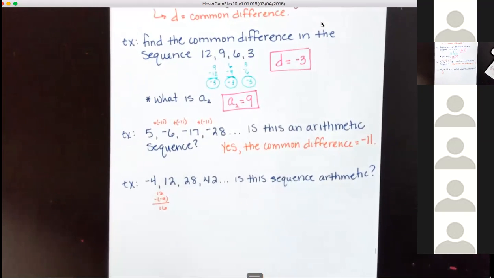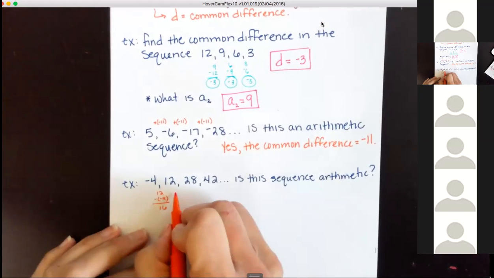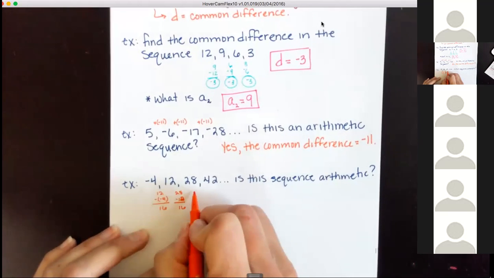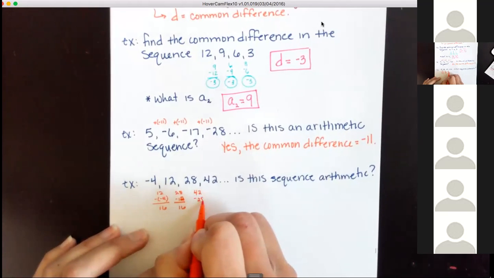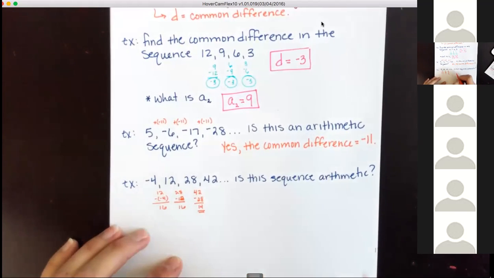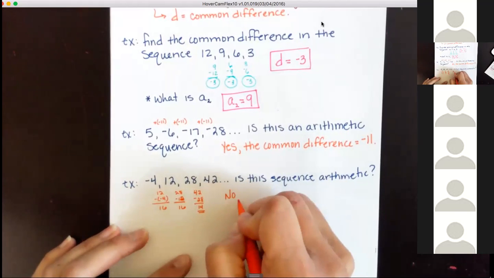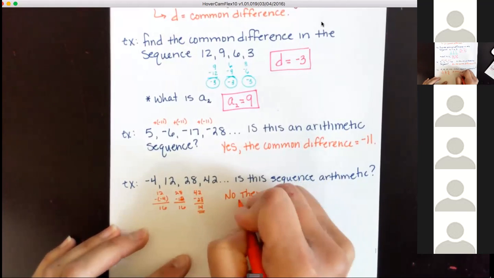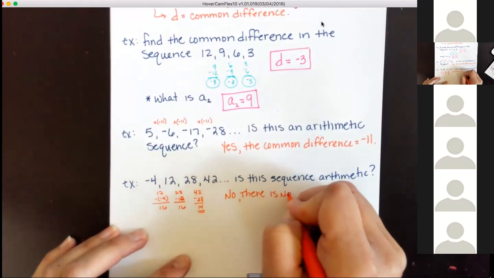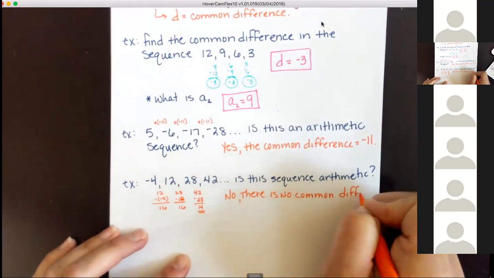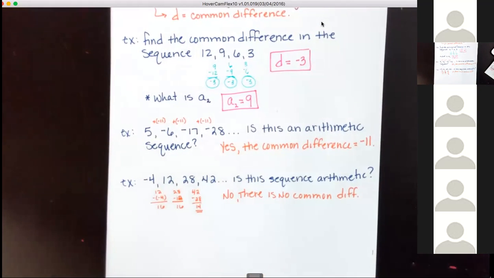Notice the positive 16. 28 minus 12 is 16. So we see a pattern here. But 42 minus 28 is only 14. That messes it up. So the answer is no. There is no common difference, and you now have the support for it.